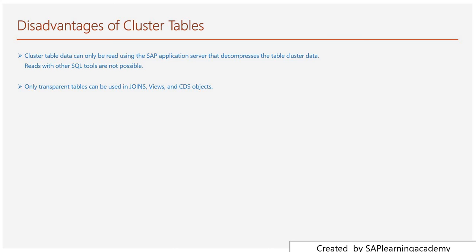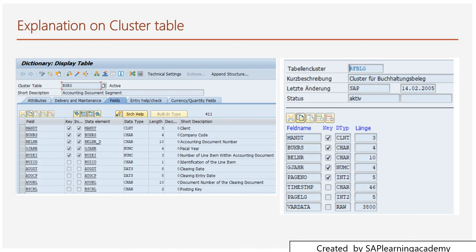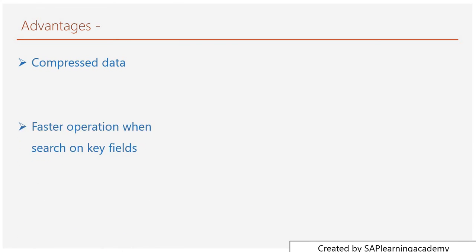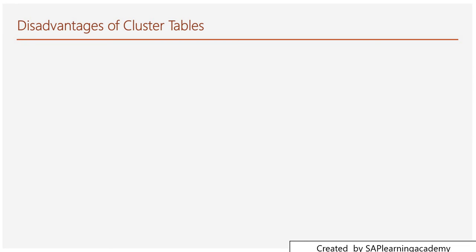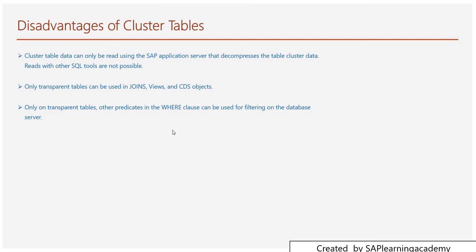But the cluster table, the corresponding table cluster like RFBLG, cannot be used in joins or any other select statements. If I talk about CDS objects or joins, it cannot be used.